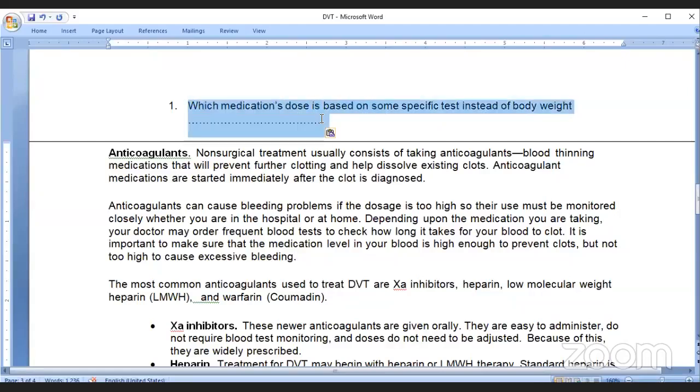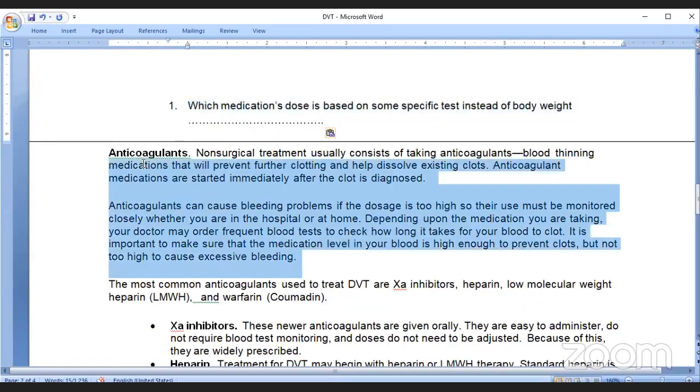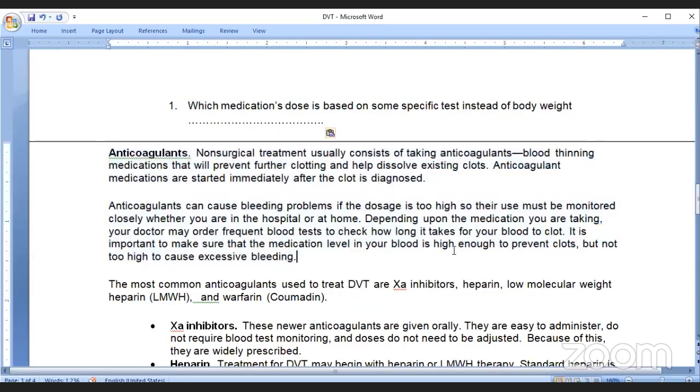Here is your question. Try to find the answer here in these two paragraphs. Dr. Basit is with us on Facebook.